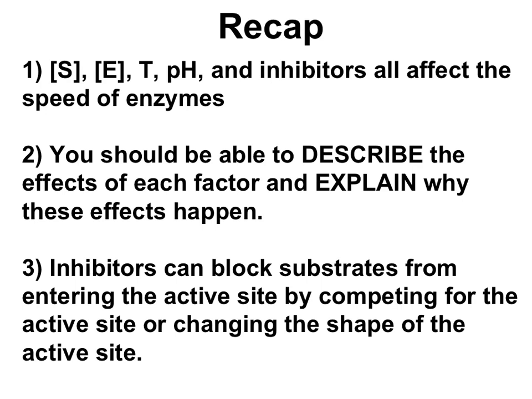You should be able to describe the effects of substrate concentration, enzyme concentration, temperature, and pH changes on the reaction rate of enzymes. But in addition to describing, you should also be able to explain why each of these things affects the reaction rate.